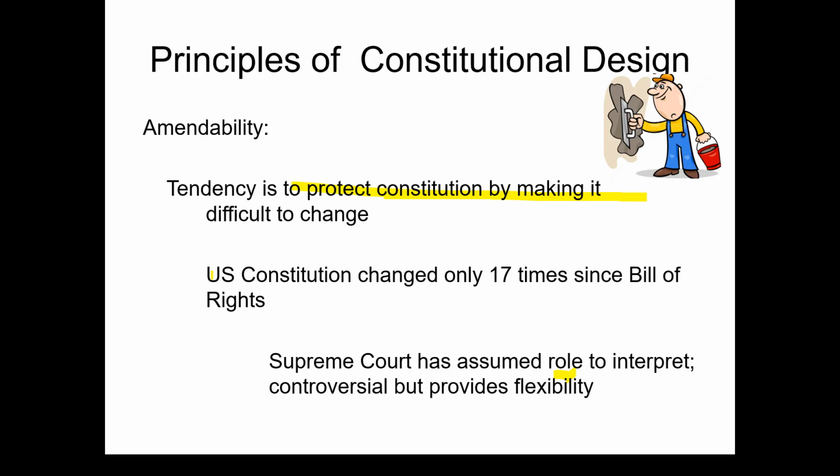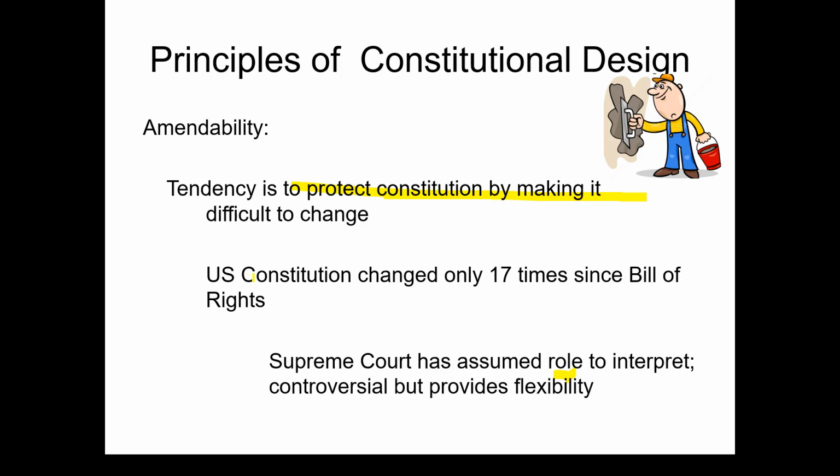That is very difficult to do in today's climate. It's very difficult to get two-thirds of any legislative body to agree on anything. And once it comes out of Congress, it has to be confirmed and approved by three-fourths of the 50 states, which requires about 38 states.